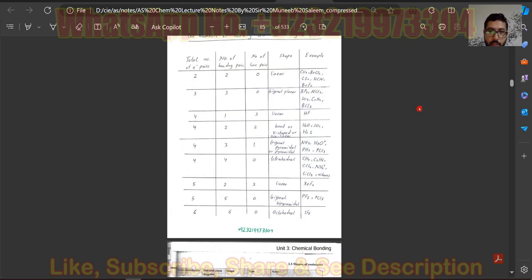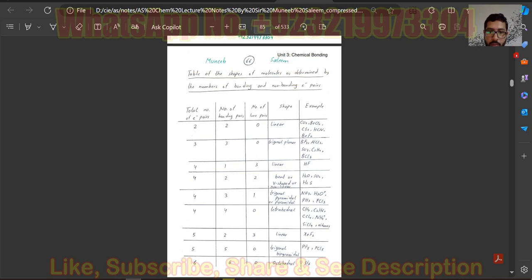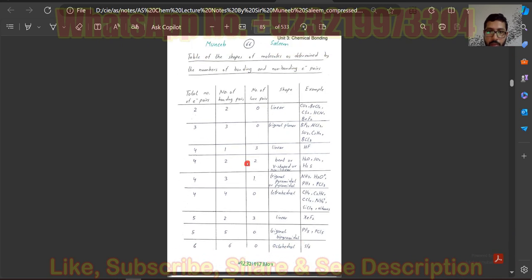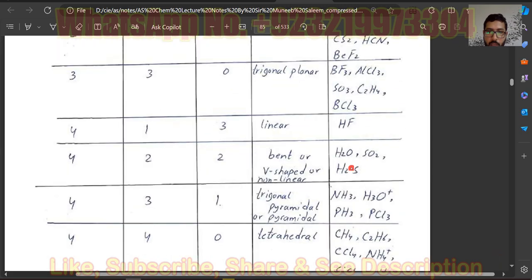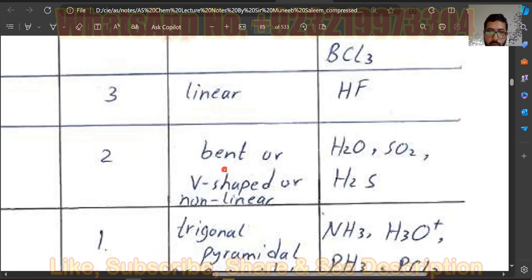On the next page, I have shown the total electron pairs with their bonded pairs and lone pairs, along with their examples. You can see that for H2O we can say bent, V-shaped, or non-linear. That's the right way of describing the shape of water.